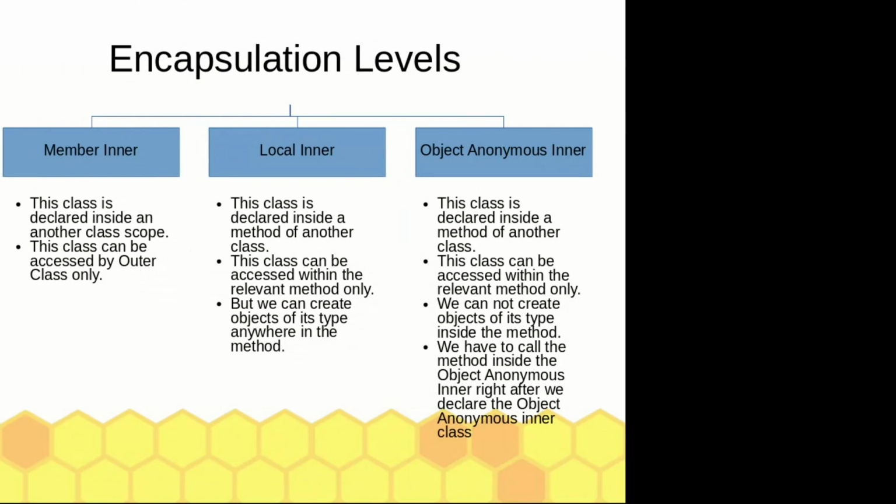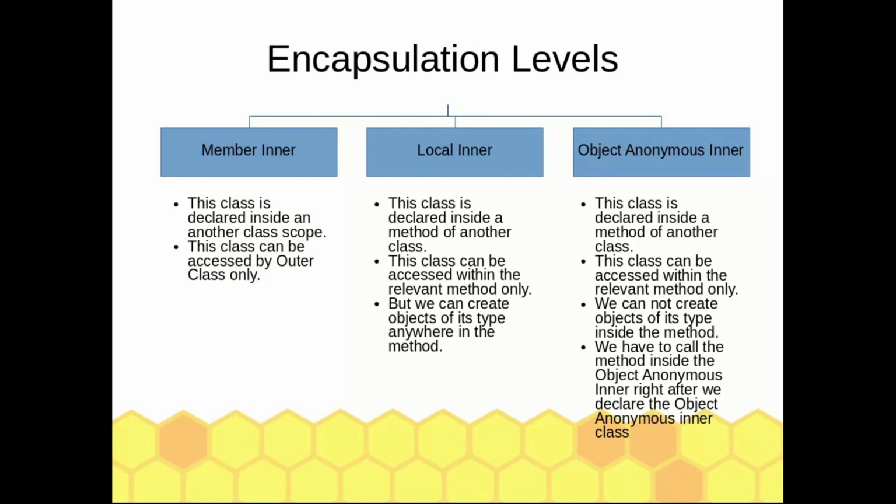Okay, let's differentiate the three levels of encapsulation: member inner, local inner, and object anonymous inner. With member inner, we declare the member inner class inside another class, and we cannot access it without an object of the outer class. With local inner, we declare the local inner class inside a method of another class, and we can create any number of objects inside the relevant method only.